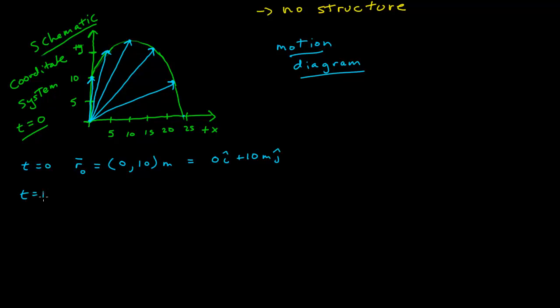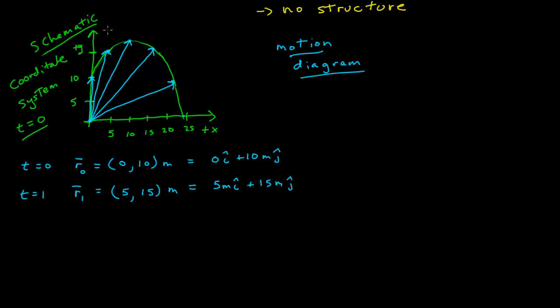So at t is equal to 1, that's this point here, that's represented by a vector r sub 1, which is x is equal to 5 meters, and y is equal to 15 meters. Or if I want to represent that in our other notation, 5 meters i hat plus 15 meters j hat.